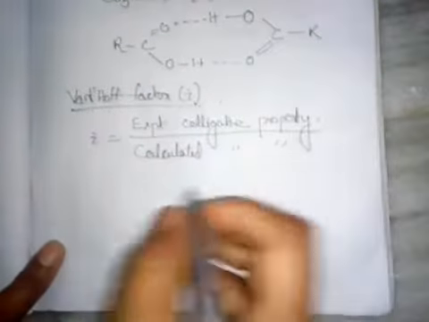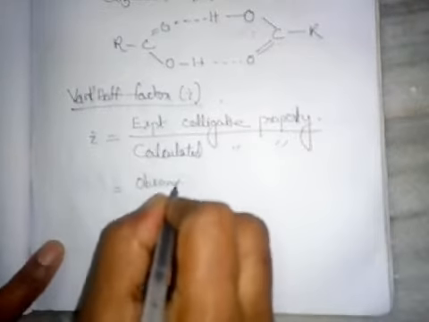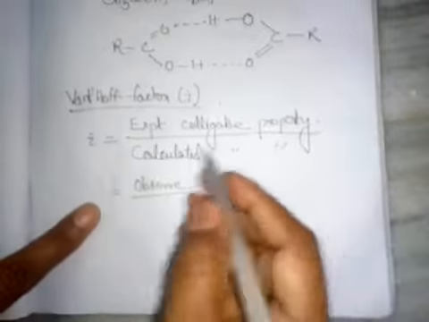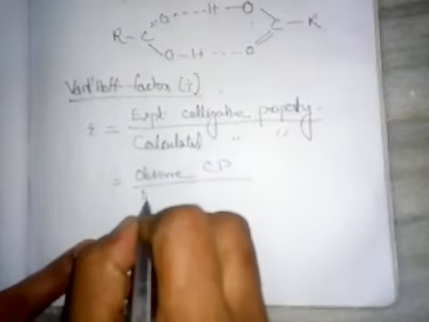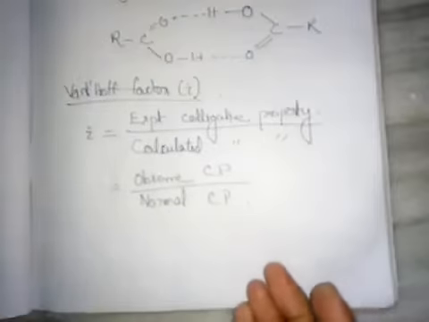Now, this experimental colligative property can also be written as observed colligative property, and calculated colligative property can also be written as normal value of colligative property.